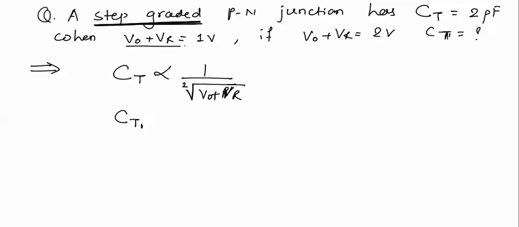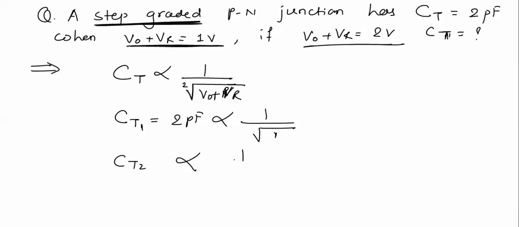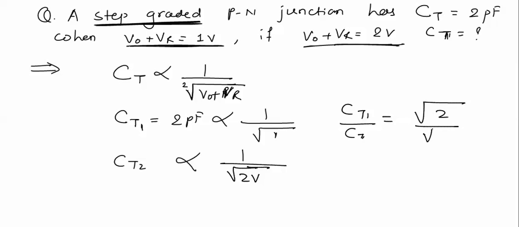For V0 plus Vr 1 volt, the transition capacitance Ct will be equal to 2 picofarad and it is inversely proportional to root of 1 volt. Ct2 for V0 plus Vr equal to 2 volt will be unknown and it is inversely proportional to root of 2 volt. V0 plus Vr is given 2 volt. So Ct1 upon Ct2 is equal to under root 2 upon under root 1.